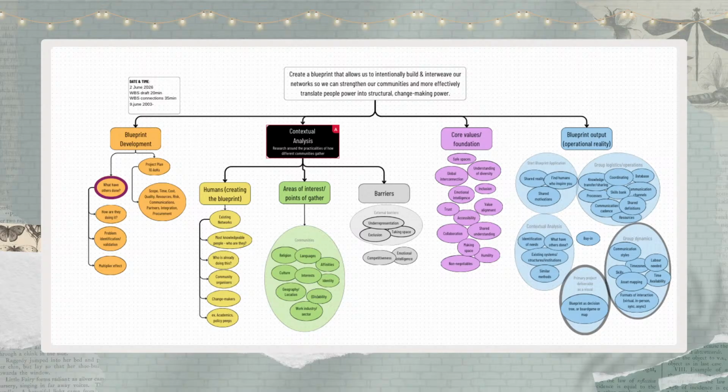I can answer all the questions right now about two different communities with the same interest, the same affinity, but you can tell one from the other, and then you can say, I don't want to belong to this one, I want to belong to this one. So I really like how it's coming together, because now you can see that intersection of the barriers with those areas of interest, and then with the humans that are going to help create the blueprint.